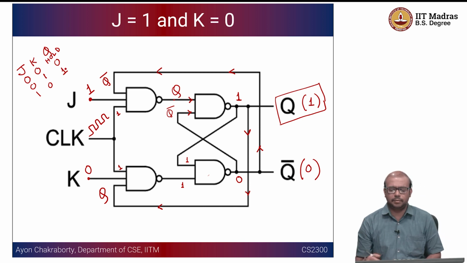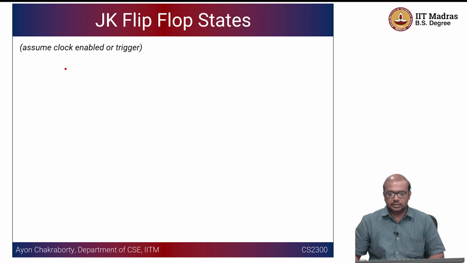The next state, right? Once the next time the clock goes, q is going to be set to a new value of 1 or 0 depending on what is your value of j and k.